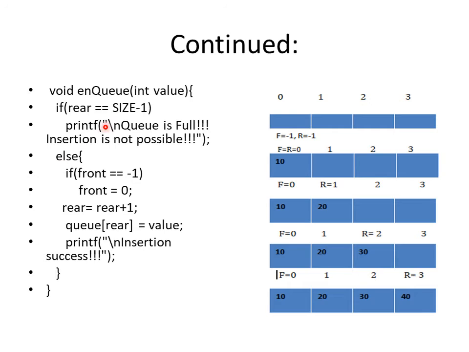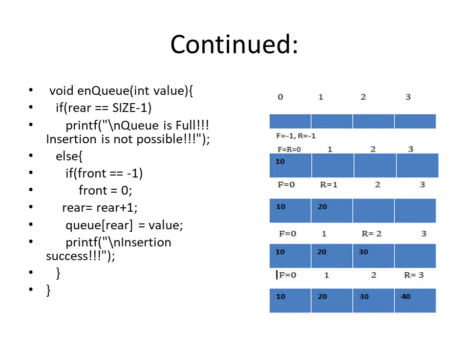When it is 4, you can check if 4 equals size minus 1. What is size minus 1? 4 minus 1, that is 3. Does 4 equal 3? No, condition false. Then here 3 equals 3: condition true. Therefore it will print queue is full and insertion is not possible.